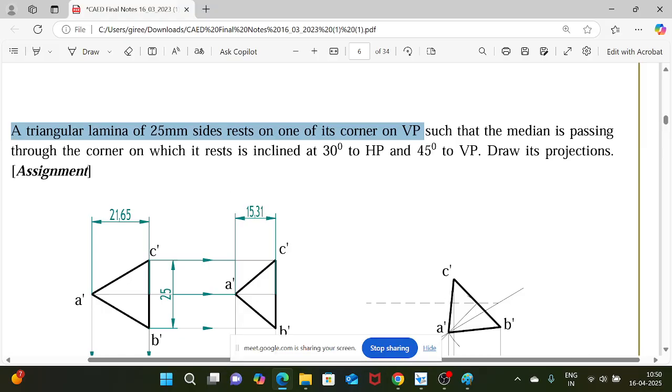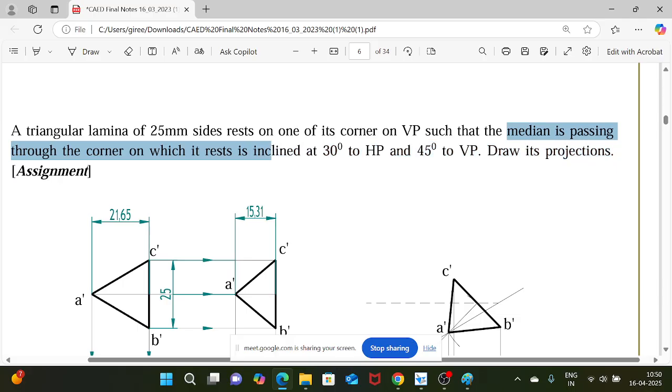The triangular lamina of 25 mm side rests on one of its corner on VP, such that the median passing through the corner on which it rests is inclined at 30° to HP and 45° to VP. In the second line, the median passing through the corner on which it rests is inclined 30° to HP and 45° to VP.